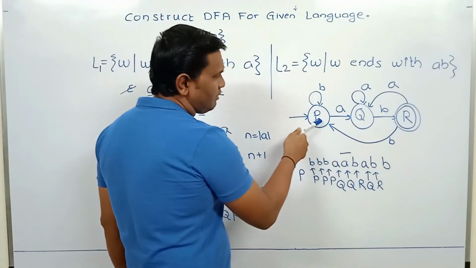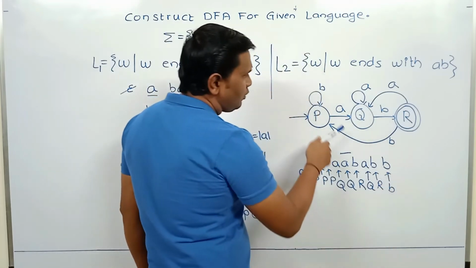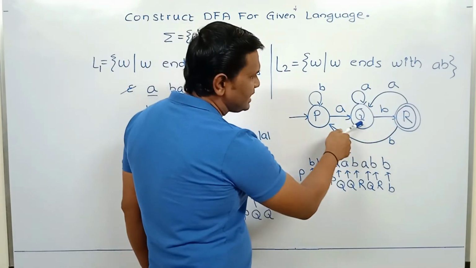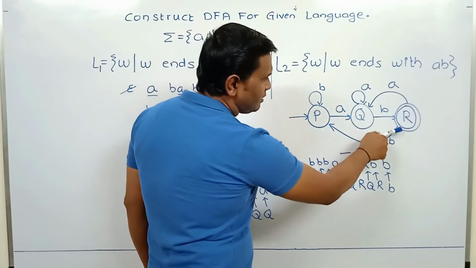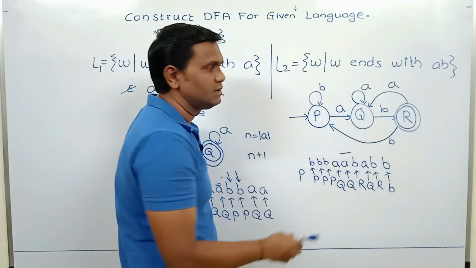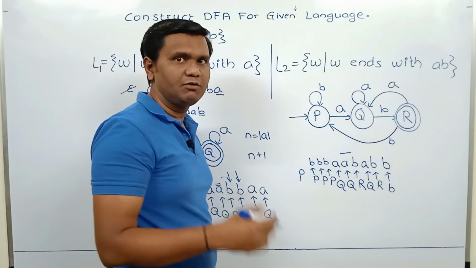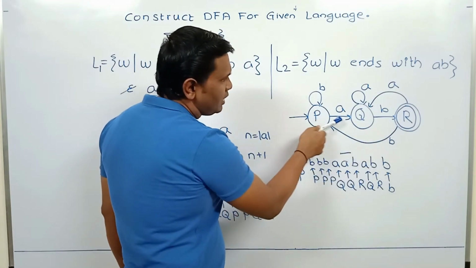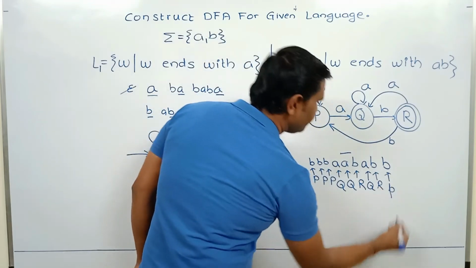If B comes, we come back to state P. If A and B come, we go back to state R. We cannot come to state Q from R. Because if we come to state Q using B, then using BB it will go to R, which should not happen. Using BB, if it goes to R, the string will end with BB and it will be accepted. It should not happen. We have to come back to state P, so that now if AB comes, it will go to R. So this is in state P.